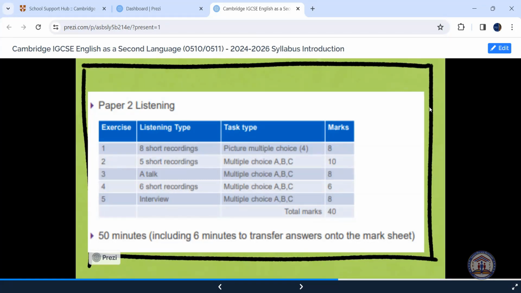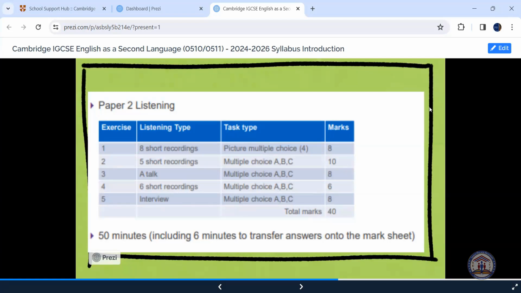Some of them do not, because some of them do not practice listening. They think sometimes that it is so easy. And this is a problem, by the way. Anyway, in listening exercise 1, it consists of 8 short recordings for 8 questions or picture questions.